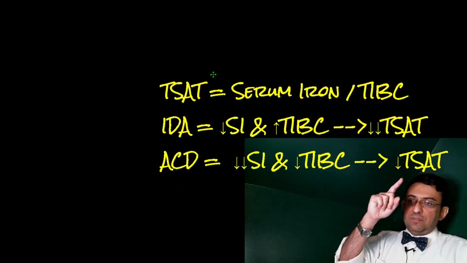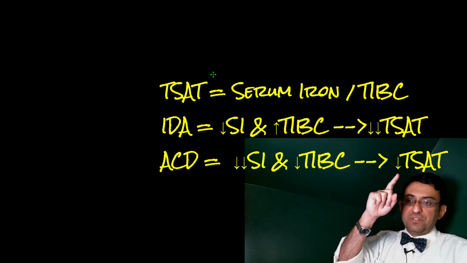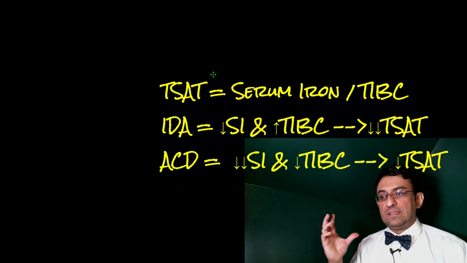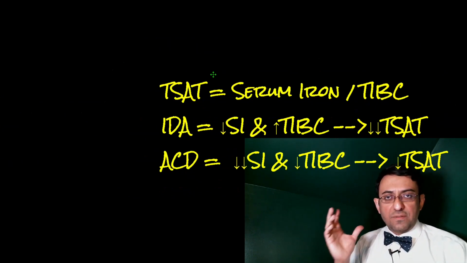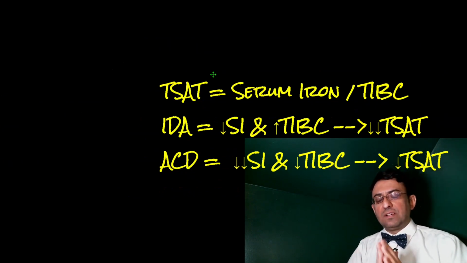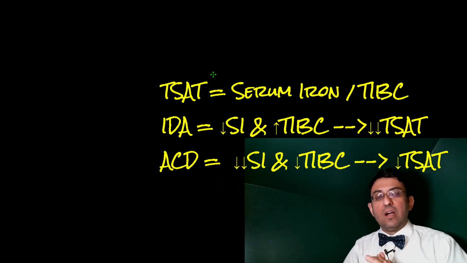And because of that, we still have low levels of transferrin saturation. This is important to conceptualize the fact that both anemia of chronic disease and iron deficiency anemia are associated with low serum iron and low transferrin saturation. Now, the question is why the TIBC differs.